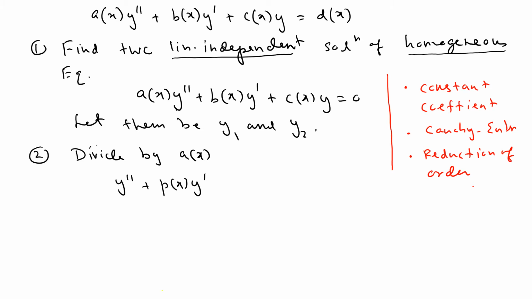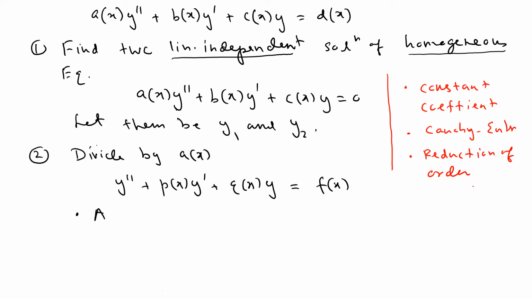Here p(x) means b(x) over a(x), and f(x) is d(x) over a(x). So this is the equation we're going to consider. Now the interesting thing is we're going to assume a special format of the solution.